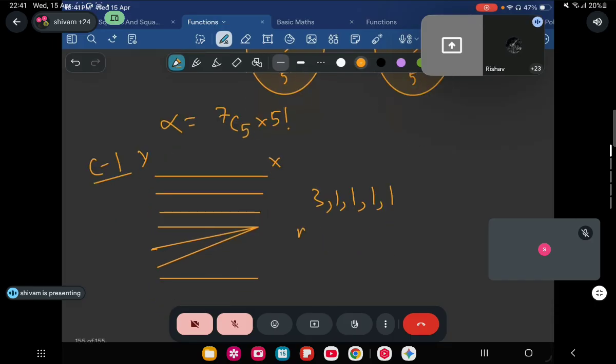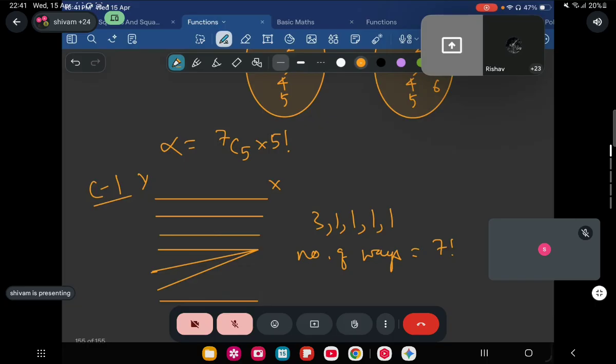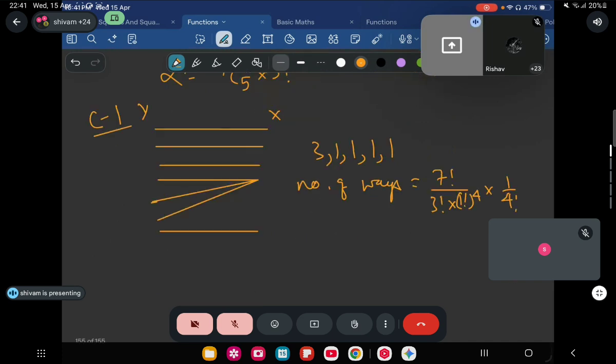So what is the number of ways to make a group? Number of ways will be equal to 7 factorial divided by 3 factorial into 1 factorial whole to the power 4, into 1 by 4 factorial. This is the number of ways of forming a group. Next, after this, you need to distribute also.